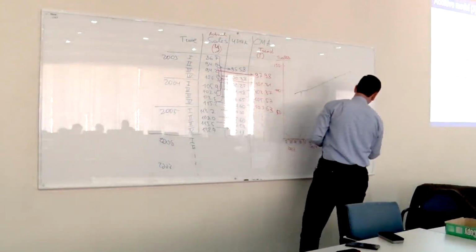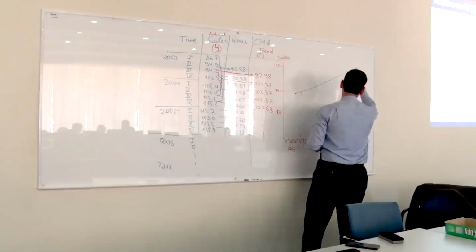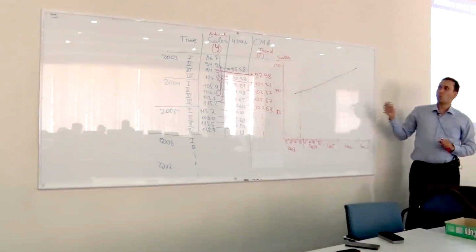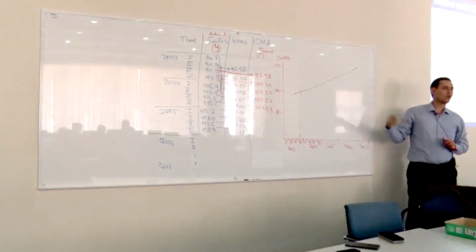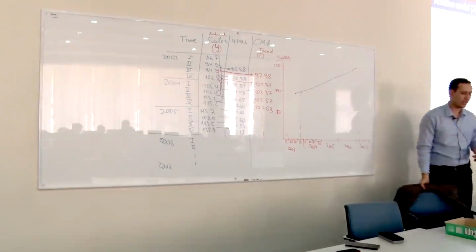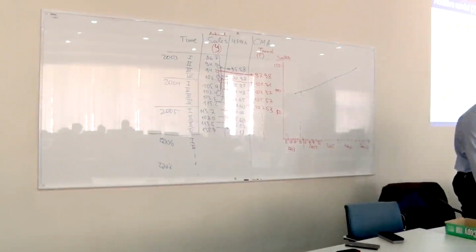So 2007, quarter 1 is right here. But what year or what quarter should we forecast our sales for? What we have is all the data until quarter 3, 2007. We have all the numbers until 2007, quarter 3, but we don't have quarter 4. So we need to forecast for quarter 4.